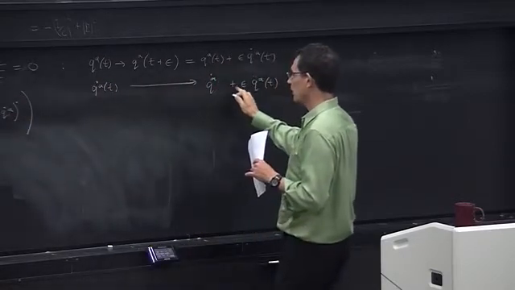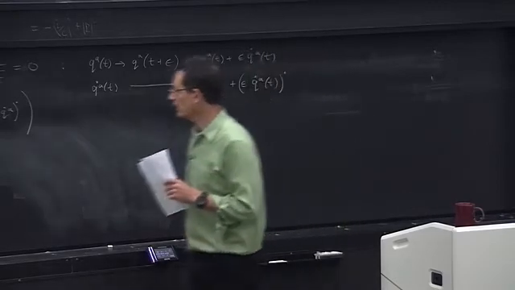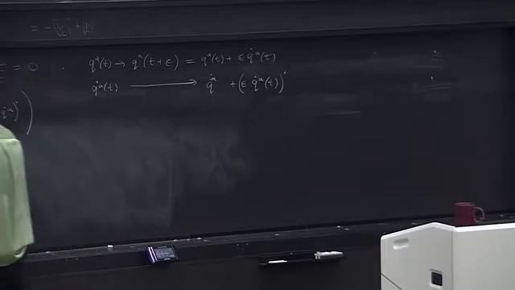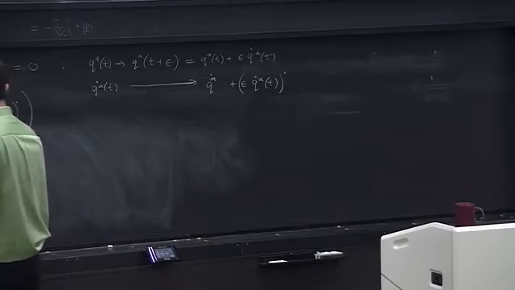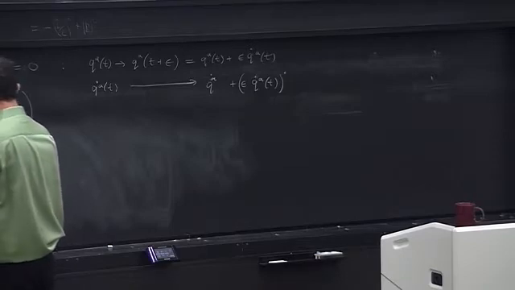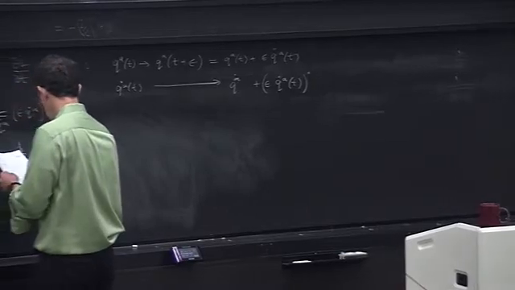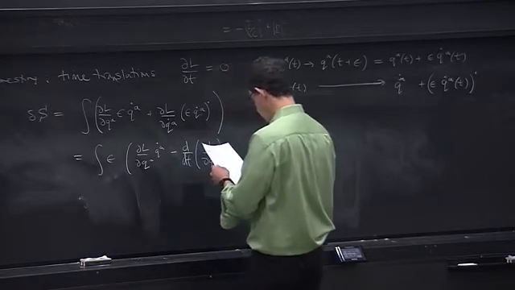In general, if epsilon is a function of t, I've got to take the dot of the whole thing. So that's the variation of the action where epsilon is a function of t. Now I'm going to integrate by parts, as usual. This gives me the integral of epsilon times dL/dq_a q_a dot minus d/dt of dL/dq_a dot times q_a dot.